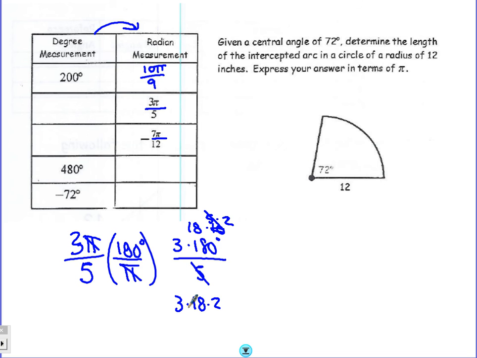So 3 times 2 is 6. 18 times 6 is 108. All right, so I would say that 3 pi over 5 would be 108 degrees.